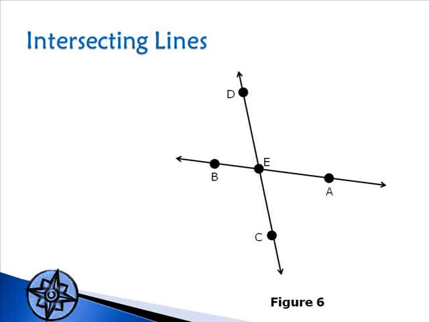Likewise, points C and D are in a single plane. Now, if the two lines intersect at point E, then point E is collinear with all of points A, B, C, and D. Therefore, all of the points and both lines lie in a single plane.